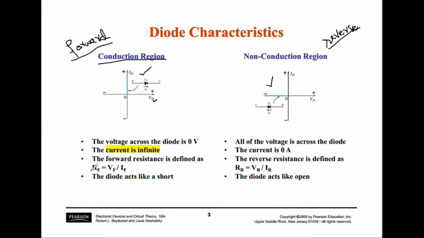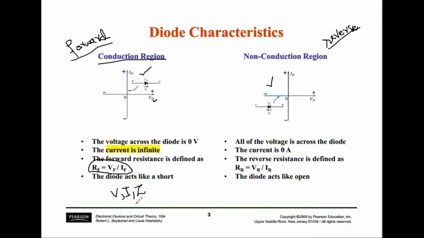As I have already told you, in any electric circuit element you have three quantities: the voltage, current, and impedance, or the resistance in DC terms.